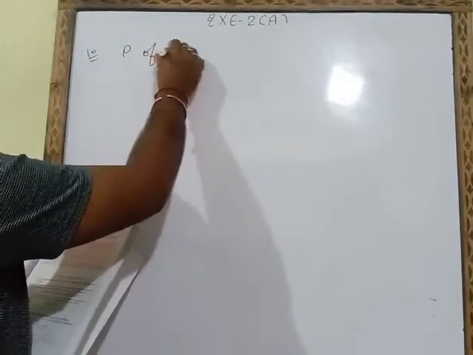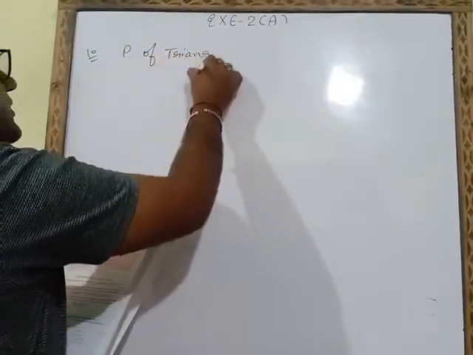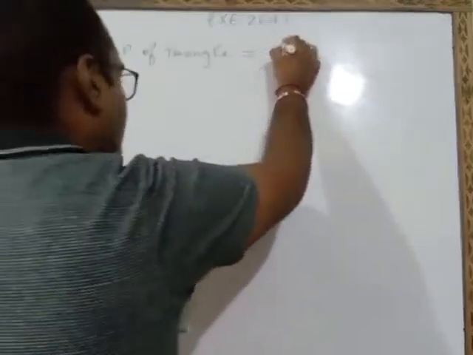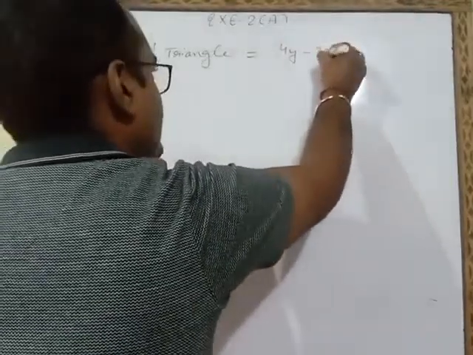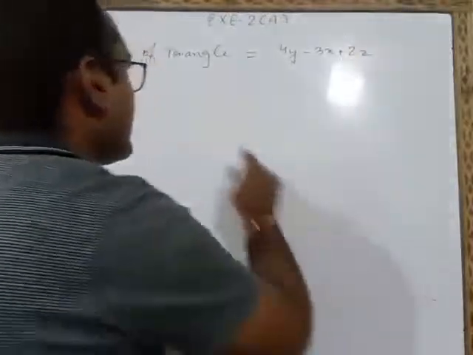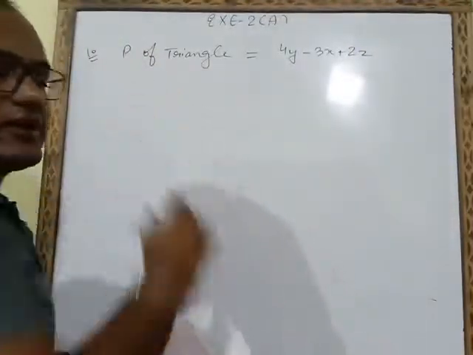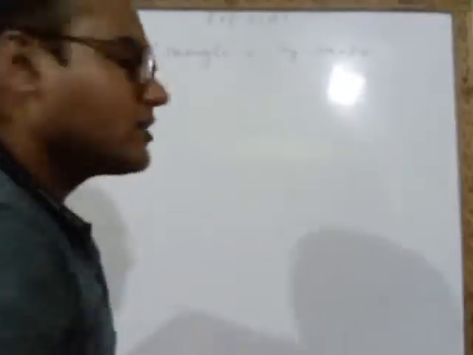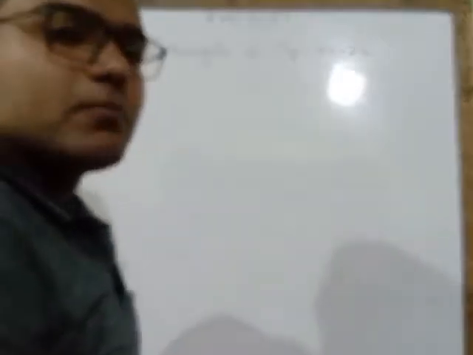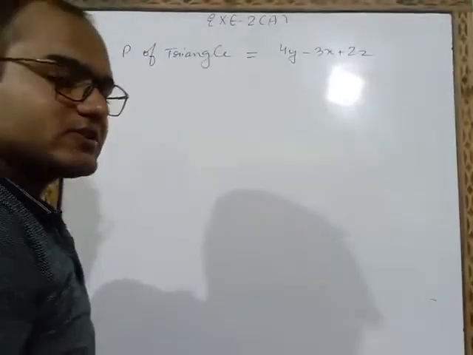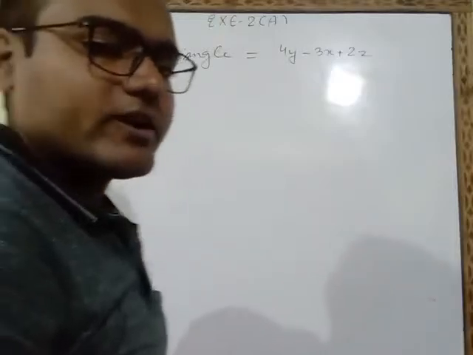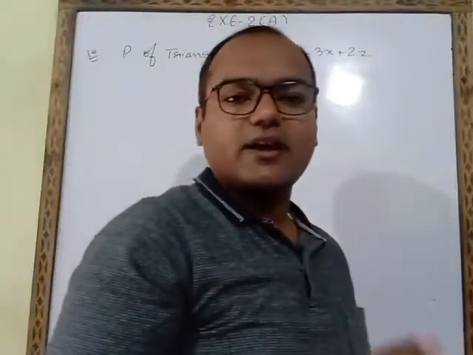The perimeter of the triangle is given in the question as 4y minus 3x plus 2z. On the left hand side, we have to write the formula of the perimeter of a triangle. The perimeter of a triangle formula is the sum of all the sides. How many sides are there? In a triangle, there are 3 sides.